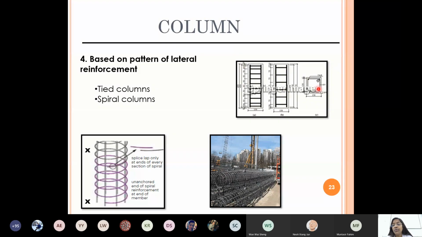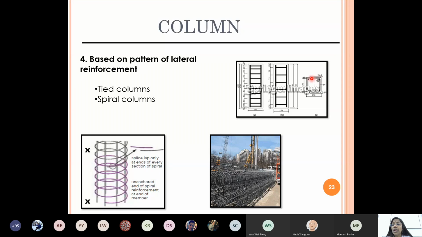Tied column means these members are called tie members. So two vertical reinforcements are connected by many ties. If you do it like this, it's called a tie member. This is the elevation view, this is the plan view. In plan view, you can see here, this is the main one, the corner bars, and there's a wire which is going around.